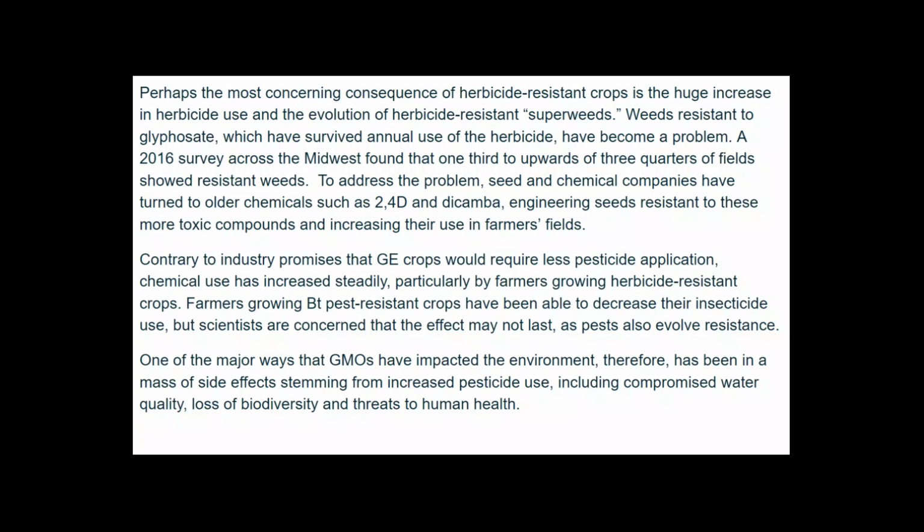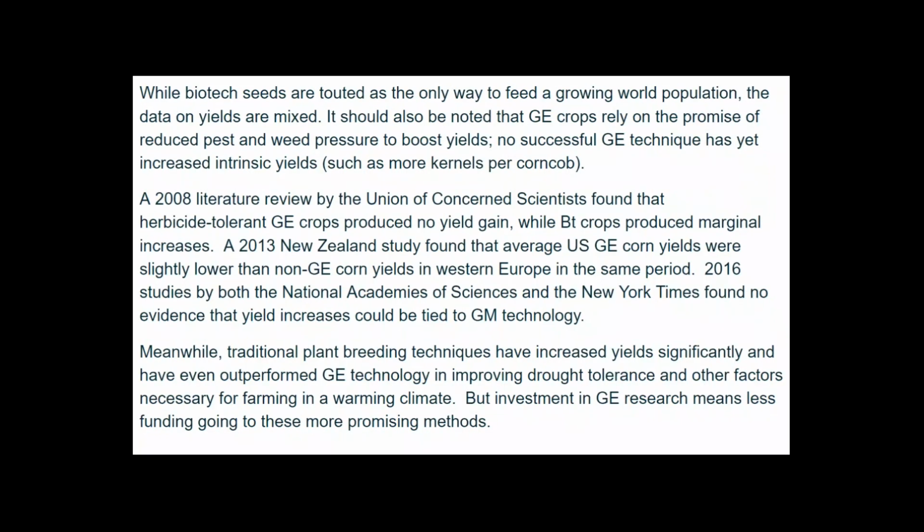So there'll be some pests that eventually can use Bt corn, for example. One of the major ways GMOs have impacted the environment, therefore, has been the mass side effects stemming from increased pesticide use, including compromised water quality, loss of biodiversity, and threats to human health.